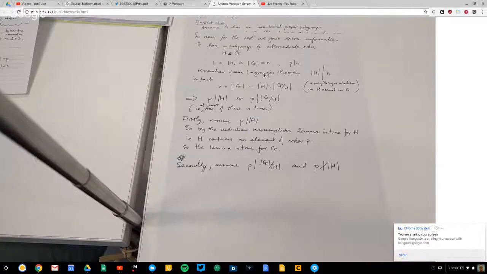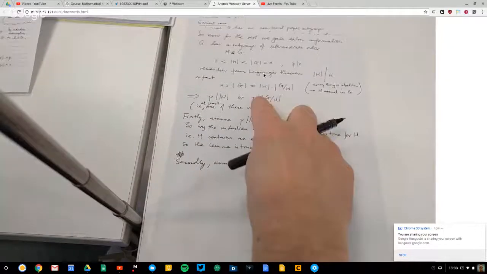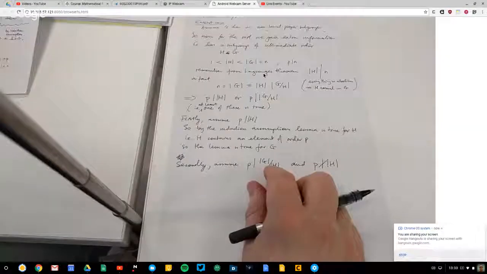I've done two orders, but that's the same anyway. Let's say the order of the factor group, or the quotient of the orders of the individual groups, that's the same thing.